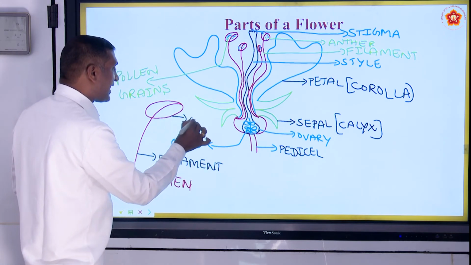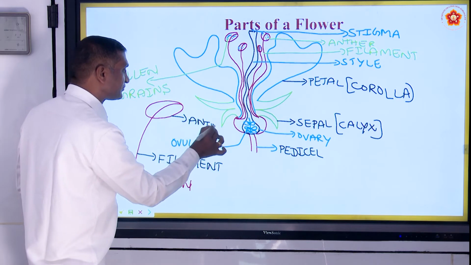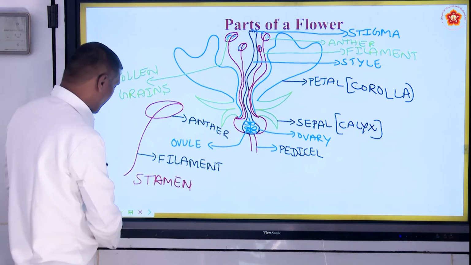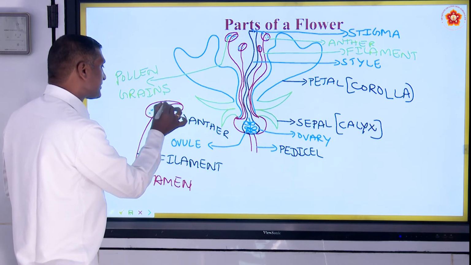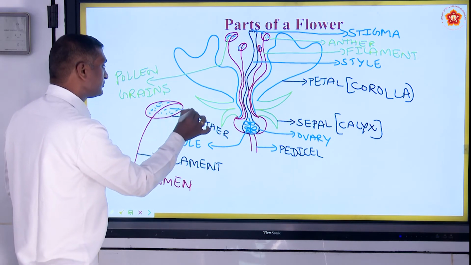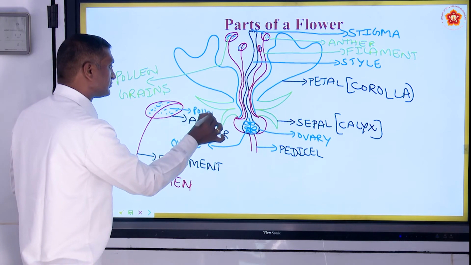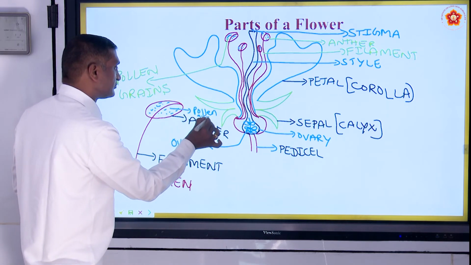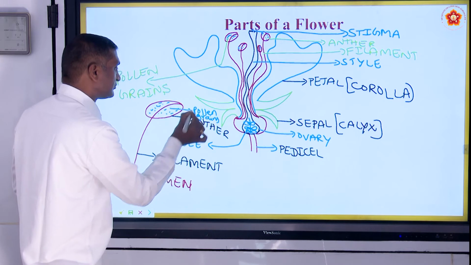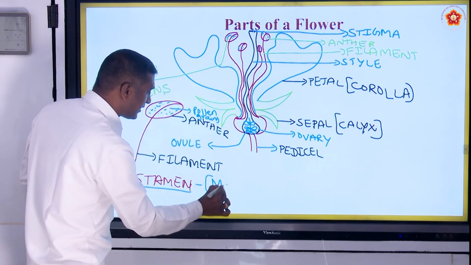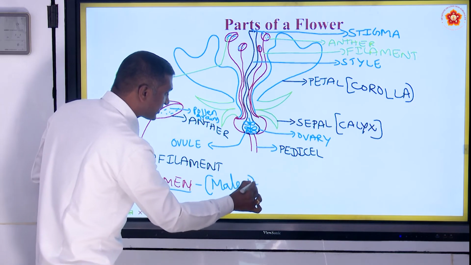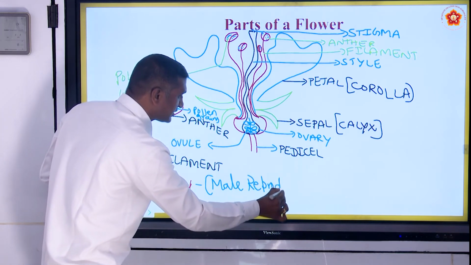Then you have the anther, and inside this you can see the pollen grains. Stamen diagram, which is a male reproductive part.